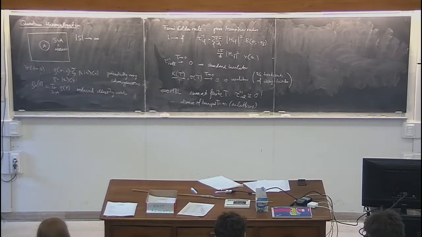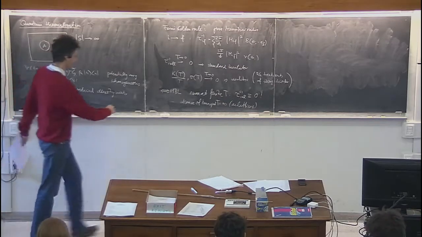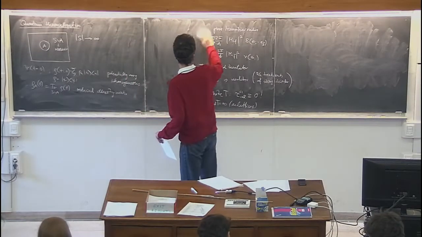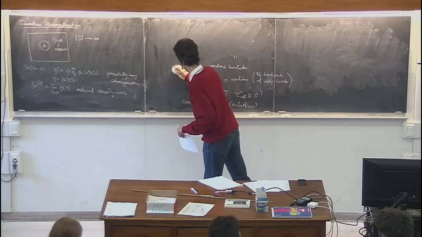Good. And now to say what thermalization is, you compare that reduced density matrix with what you would get in the Gibbs ensemble.